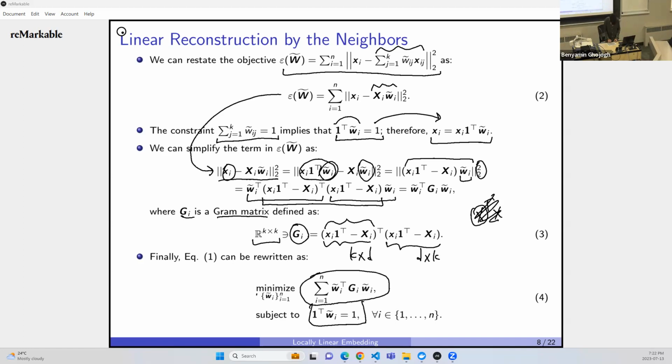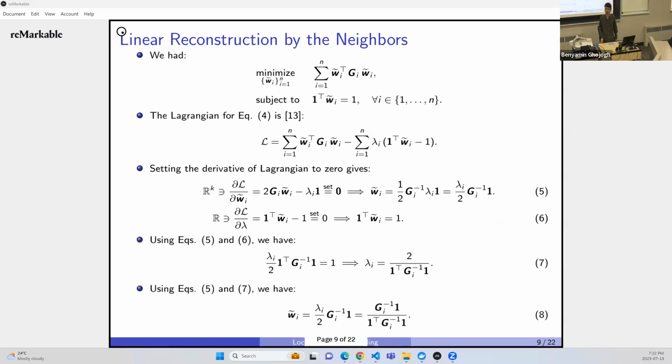And now these are my optimization variables. Okay, so let's solve it. How? What do we do usually? Form the Lagrangian, take derivative, set it to 0. So this is the Lagrangian, and this is the Lagrange multiplier or dual variable. Take derivative with respect to the optimization variable, which is wi tilde for every i.